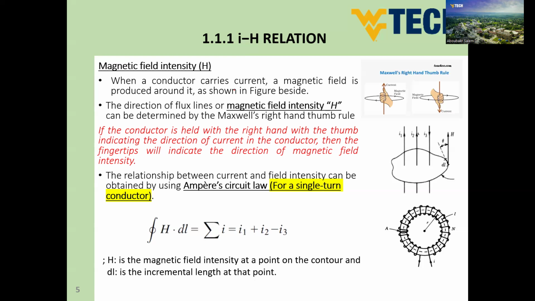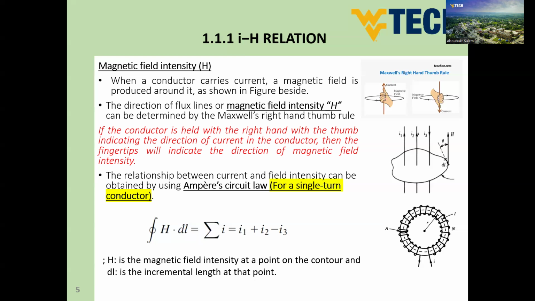When a conductor carries current, if a conductor, any kind of wire, carries electrical current, a magnetic field is produced around it, as shown in the figure here, guys. So this is according to Maxwell right-hand thumb rule. Okay, so this is Maxwell rule.